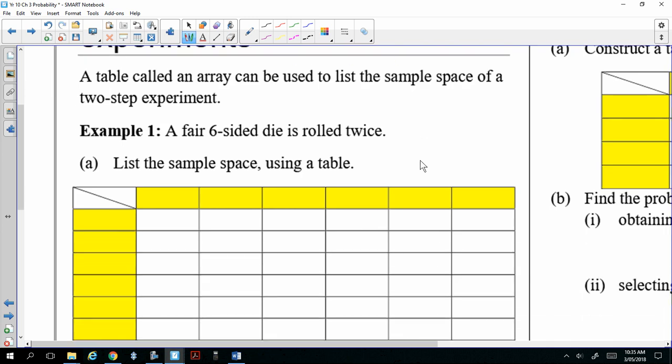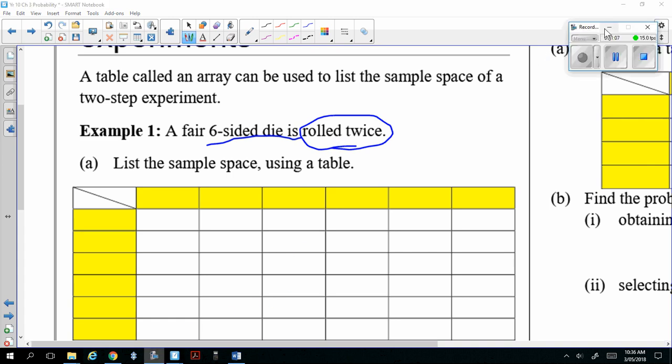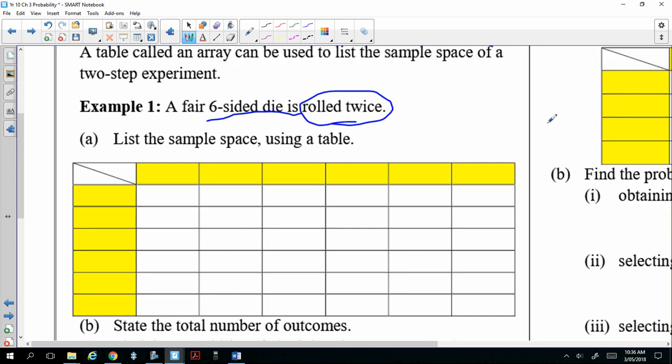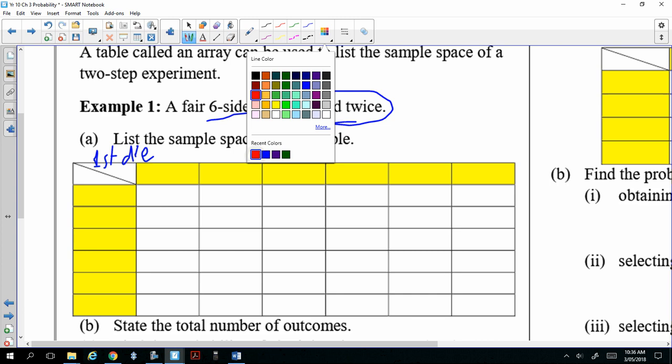So let's look at when we roll two dice. At first, I roll one die, but you roll it twice. So you're going to use an array to list the sample space of an experiment. To do that, we can split that into first die and second die. Let's use the red one for second.